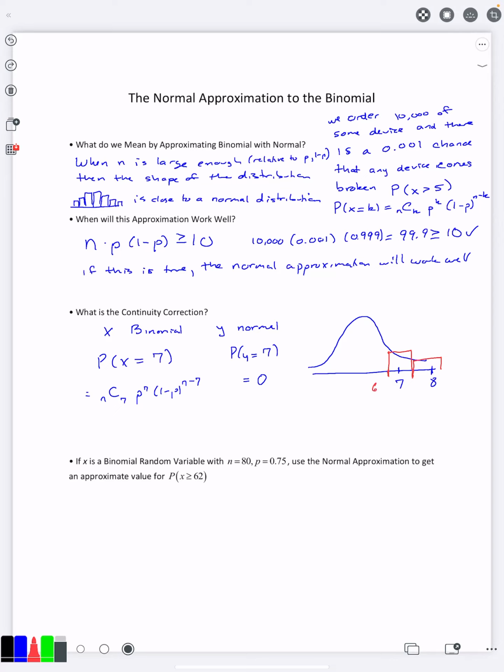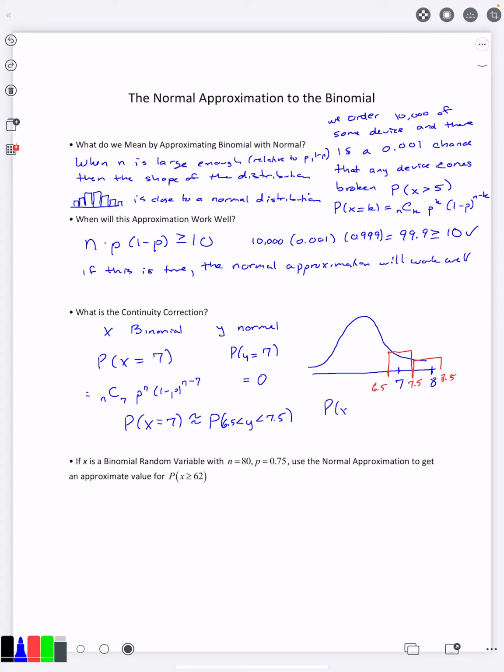It would be going half. So if you're between 6.5 and 7.5, that's the part around 7, and if you're between 7.5 and 8.5, that's the part around 8. So the probability that x is equal to 7 is approximately the probability that y is in between 6.5 and 7.5. That's what you would do for a single number.